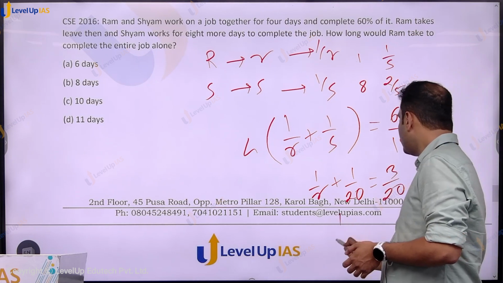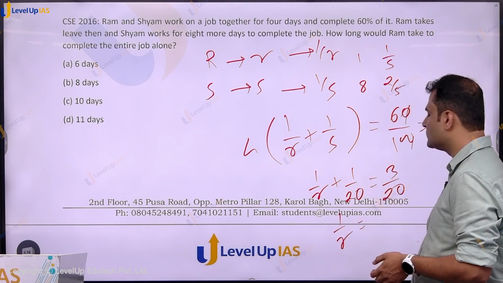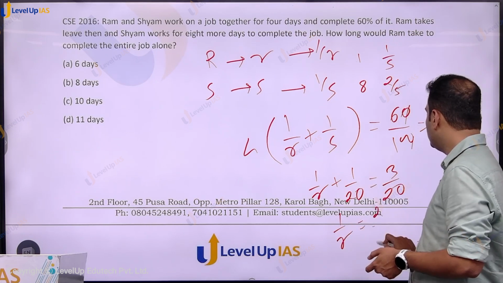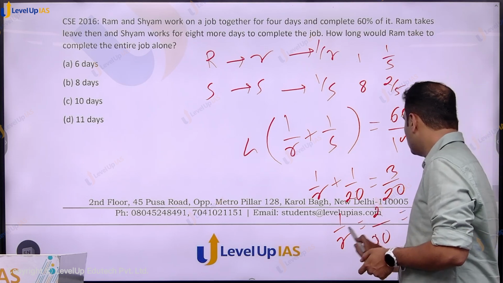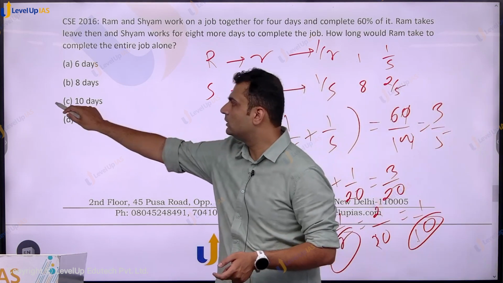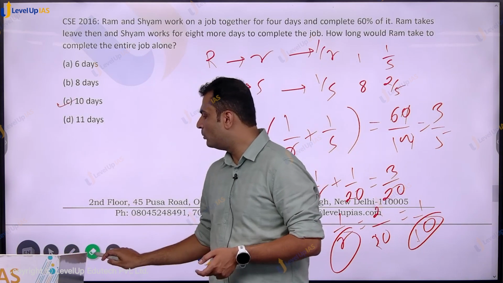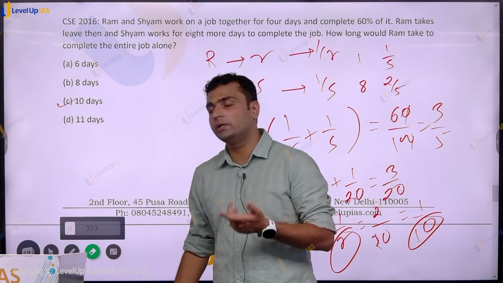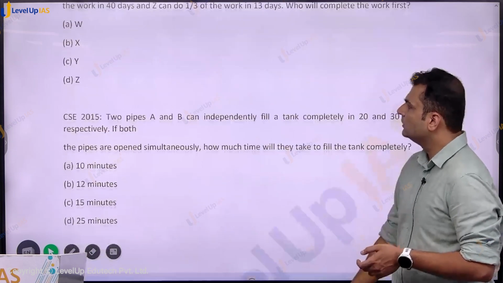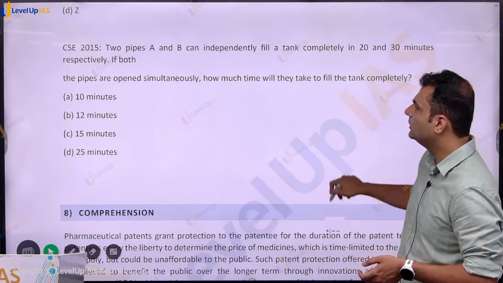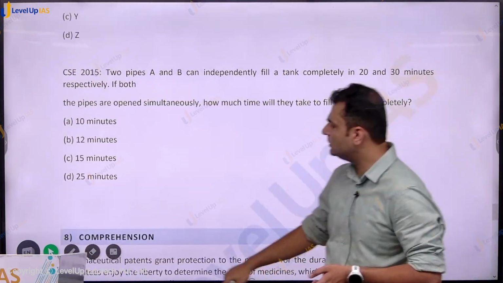So 1 by R is equal to, if you take this side in subtraction, 2 by 20, which is equal to 1 by 10. So 1 by R is 1 by 10, so R is equal to 10 days. That is the question: how much time Ram will take to finish the entire work alone. So I hope that was clear. You can try this question.